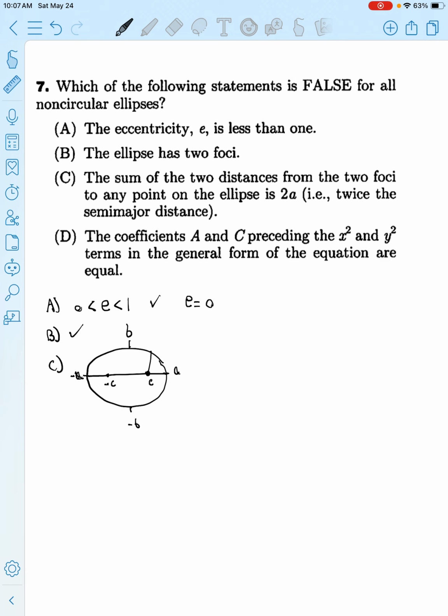Let's say these two distances are L1 and L2. On this point, if you add L1 plus L2, it is actually going to get you 2a, and that is what the question is asking for. Okay, so for any point, if here's this point and you do the same thing here, these two lengths are going to add up to 2a. Okay.